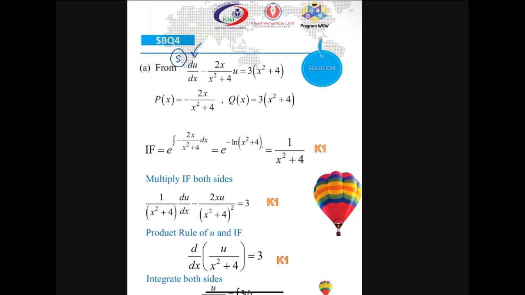And then for the second term, we have two different variables in this place, in this case x and u. And then for our right side, we only have one variable in that place. So if these three rules are satisfied, that means we already have a standard form for integrating factor.